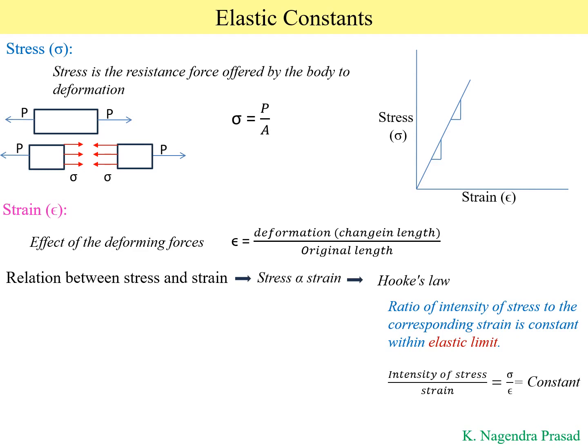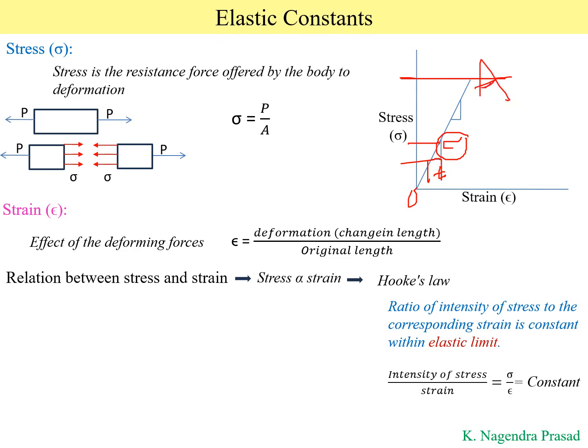The same thing we have to observe in the graph. Let's see here. This is the sigma and this is the epsilon. Hooke's law states that the change in the stress to the change in the strain is constant within the elastic limit. Let us consider OA as the elastic limit of the body.